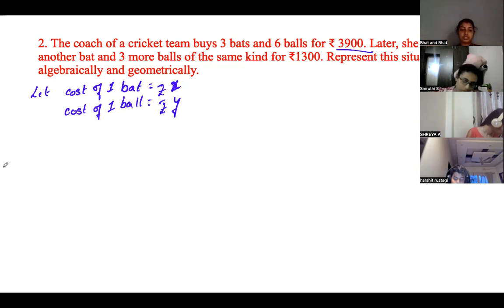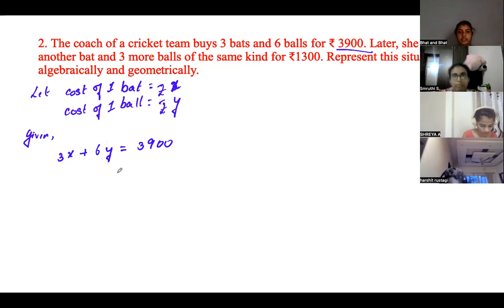Now the condition given here, what is the condition given? They have given 3 bats, that is 3x, plus 6 balls, 6y, will be equal to 3,900. Correct? Understood?